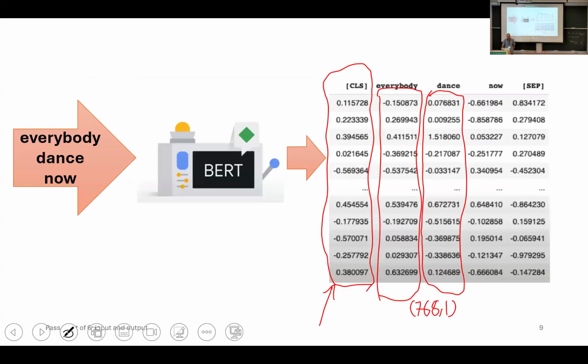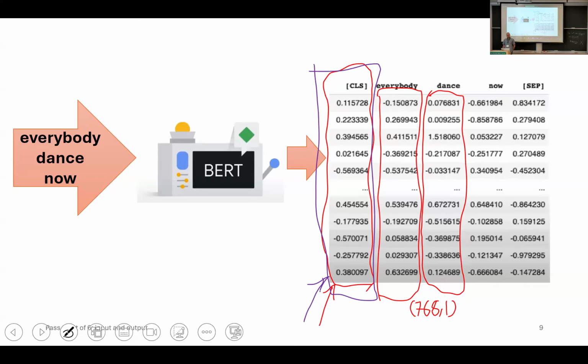If you have the sentence "everybody dance now," the output from BERT will be a couple of vectors. Here, I only care about this vector that I'm highlighting in purple. So the function you saw in Python would give us the CLS vector of the input sentence.